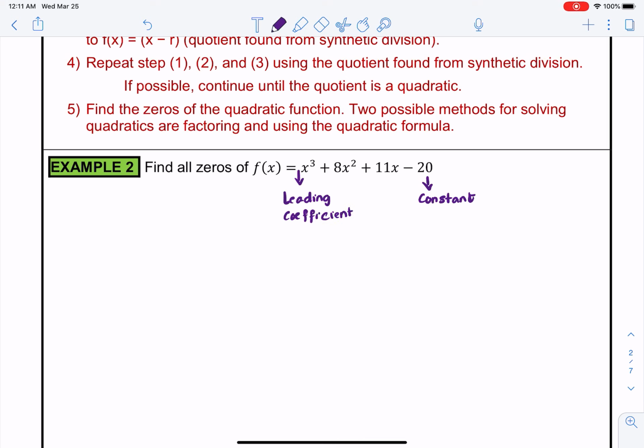So the factors of 1 are plus or minus 1. For 20, we have plus or minus 1, plus or minus 4, and plus or minus 5.